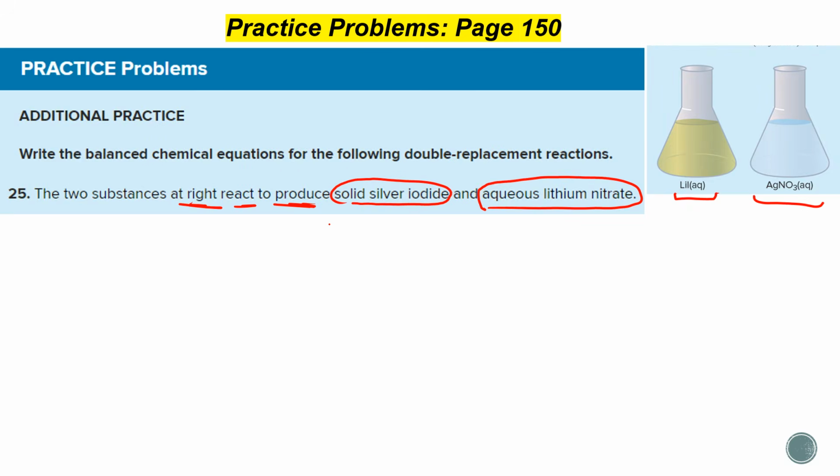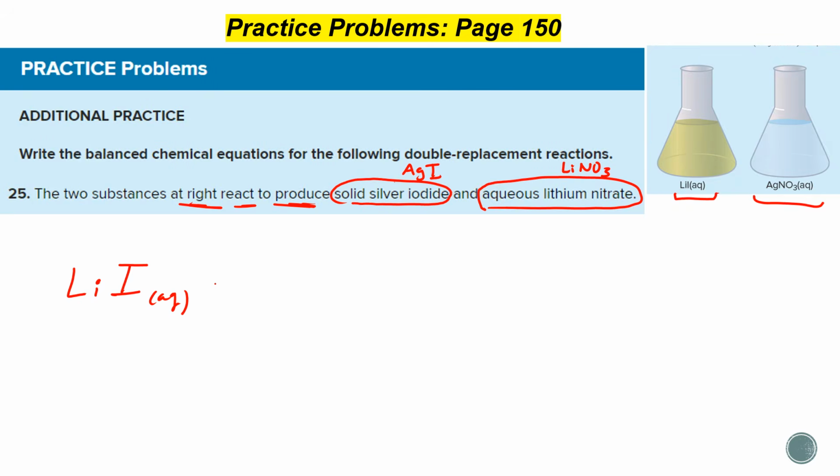If we memorized or know how to convert names to formulas from the first chapter, very good. But I want to show you how we do it here. So first, silver iodide is AgI, and lithium nitrate is LiNO3. But let's see how we can get this, using what we actually learned.